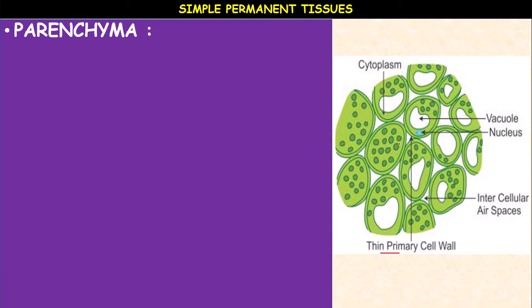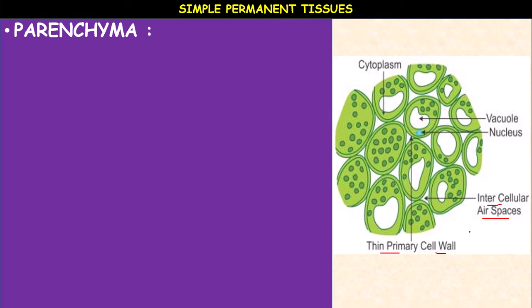You can see the vast intercellular spaces in the parenchyma tissue, between the cells. Their cell walls are made up of cellulose and calcium pectate. It is a simple, fundamental tissue in plants, we can say.